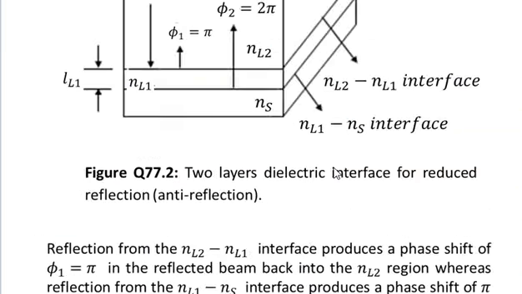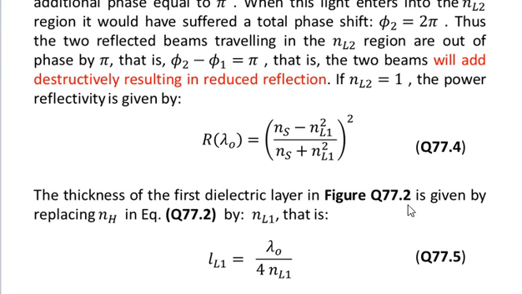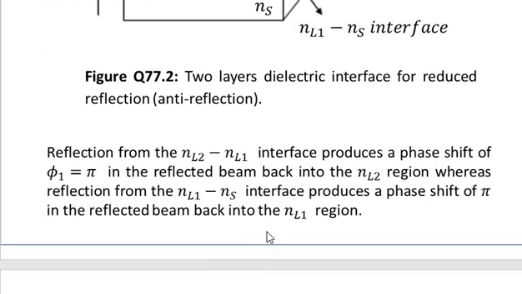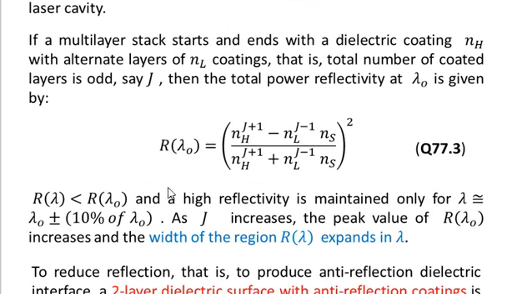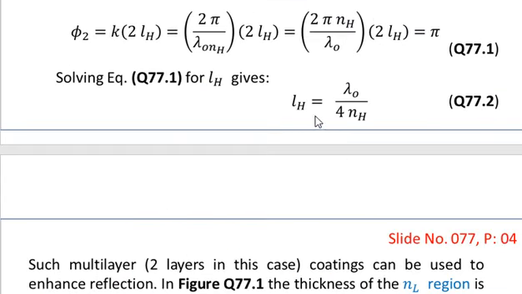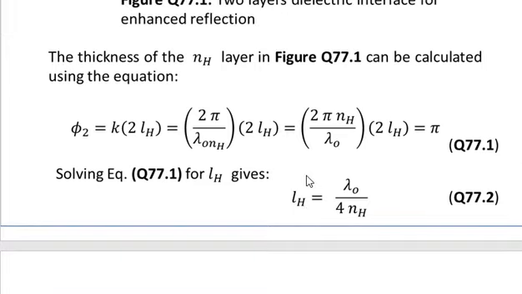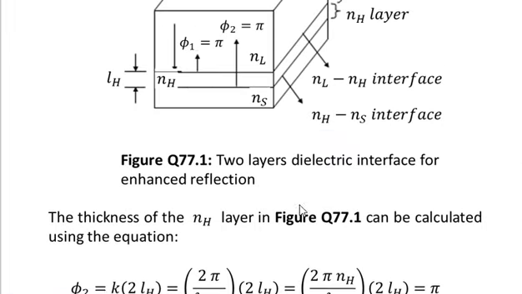The thickness of the first dielectric layer in figure 2 is given by replacing NH in equation number 2 by NL. So if you want to find the thickness of the material NL1 that will produce a phase change of pi when the light travels in this region, that length is calculated similarly to the length we calculated for the material having refractive index NH.